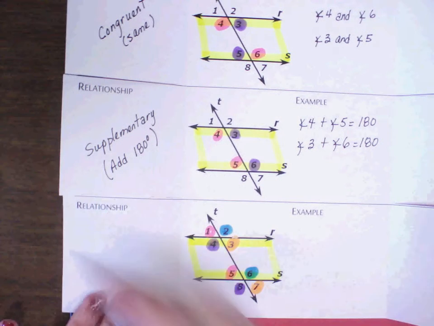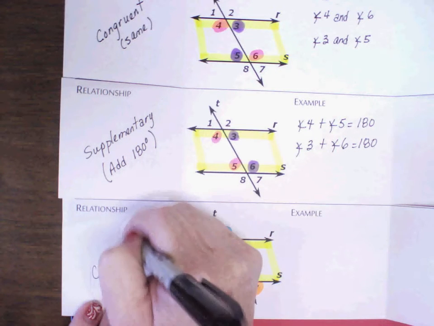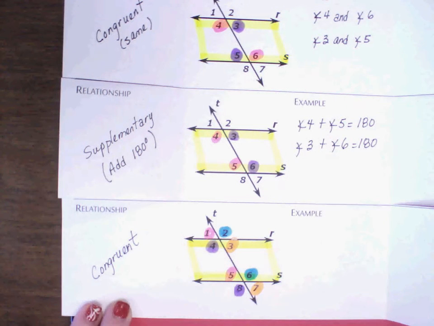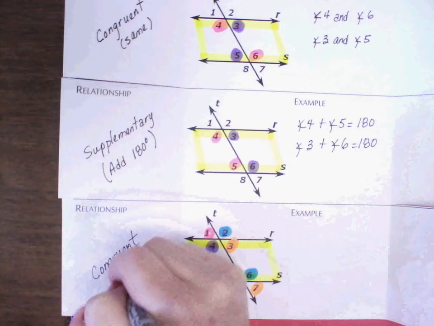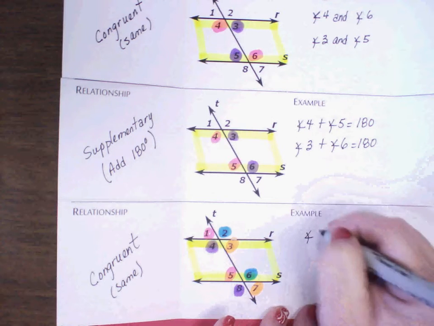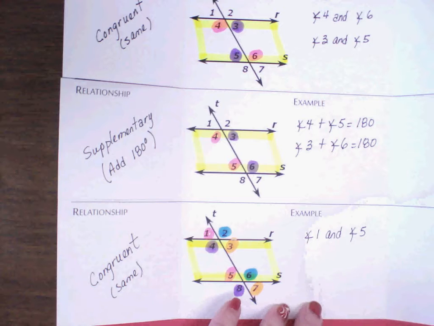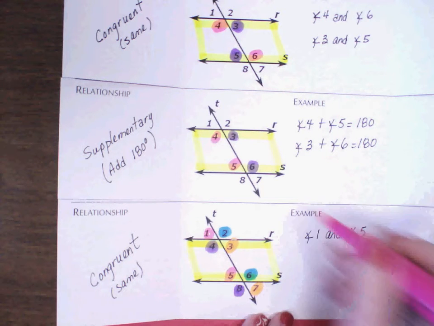All right. These ones are congruent, which means they are the same. So let's see. Angle 1 and angle 5. Those are the pink ones, right?